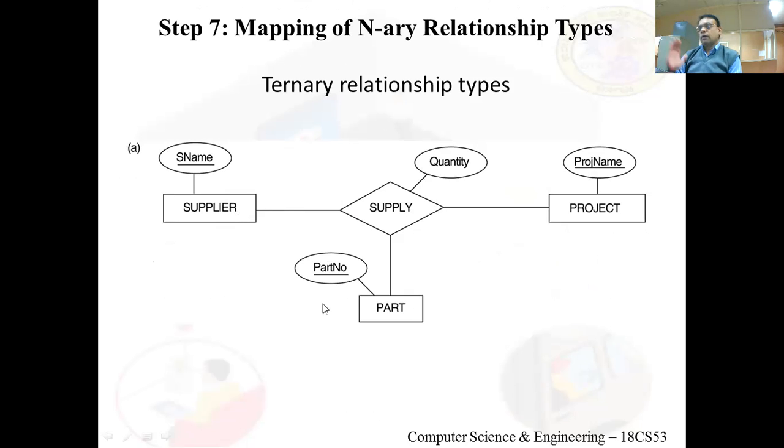A ternary relationship or n-ary relationship will look like this. Three entities will participate in the relationship type. What are the three entities that are participating here? Supplier, project, and part are the three entities that are participating in the SUPPLY relationship type. If we have any n-ary relationship types or ternary relationship types, what we have to do for this kind of situation?